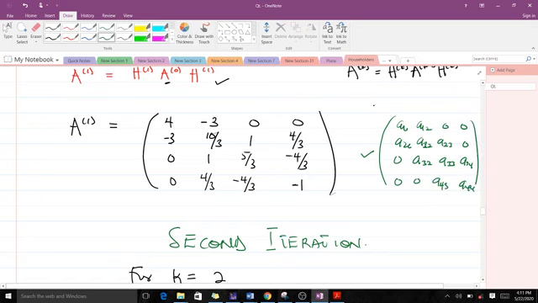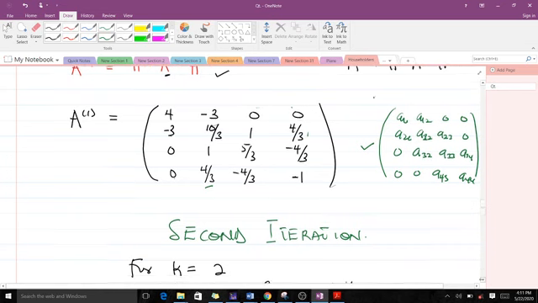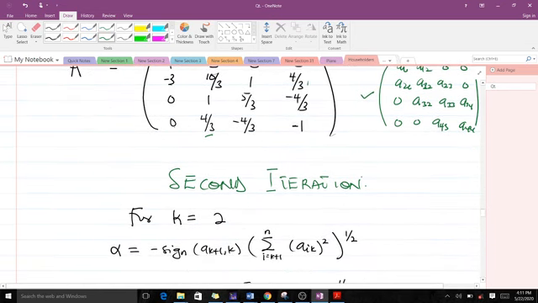So realize that we have 0, 0 here, another 0, 0 here. We are supposed to make this 0 and also make this 0. So that's the reason you have to go through a second iteration process, okay? So know that for the second iteration process, our k is equal to 2 because that's the second iteration. I hope you get it.